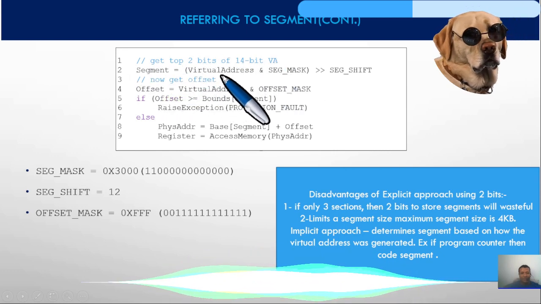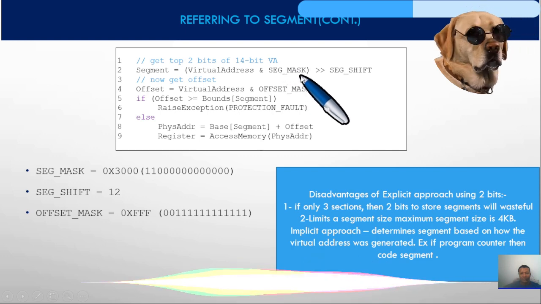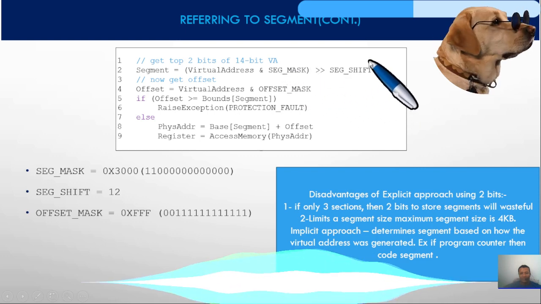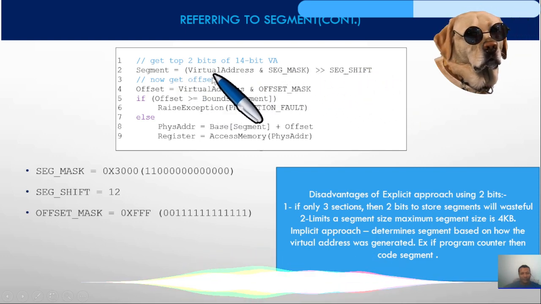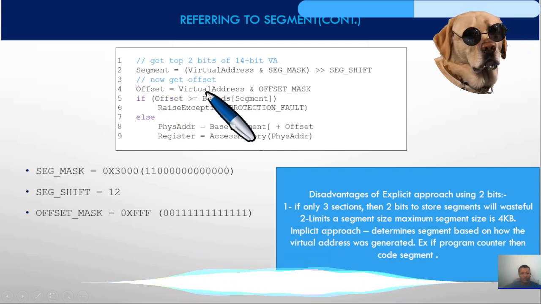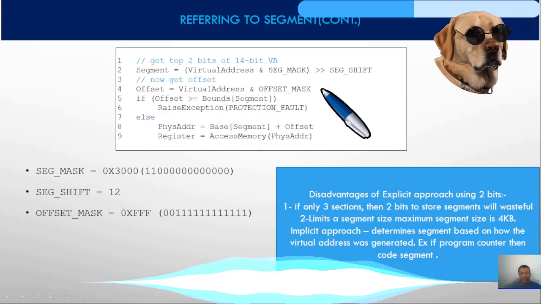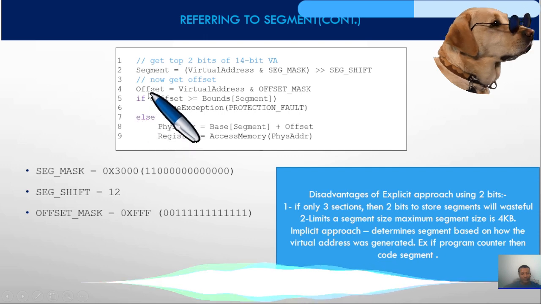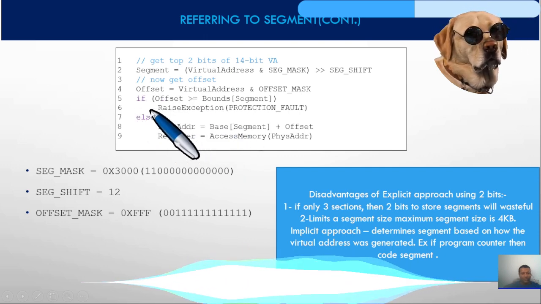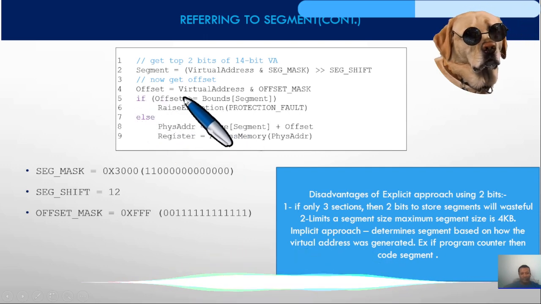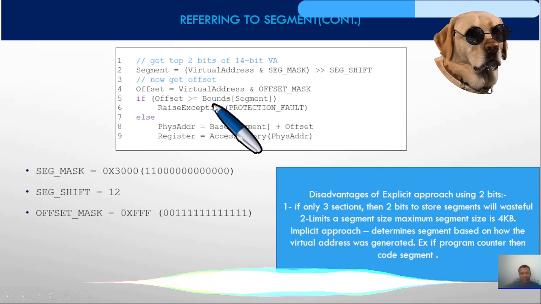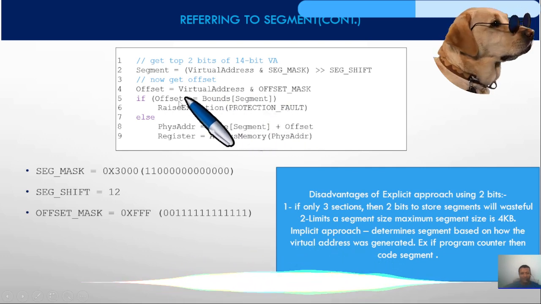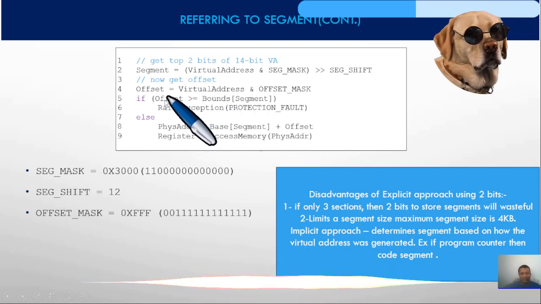Segment is equal to the virtual address AND the segment mask, shifted right by the segment shift. Now get the offset. Offset is equal to the virtual address AND the offset mask. Then we have an if condition: if the offset is greater than or equal to the bounds of the segment, then raise an exception, because it cannot be.